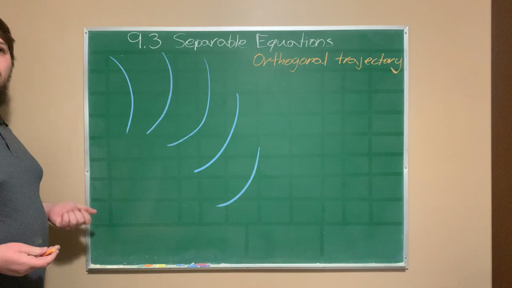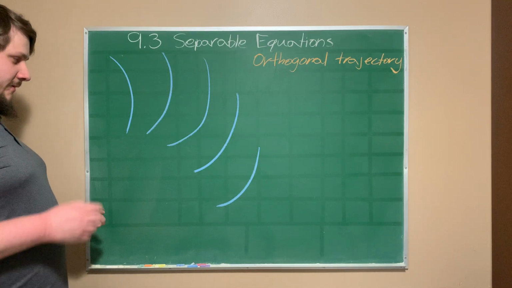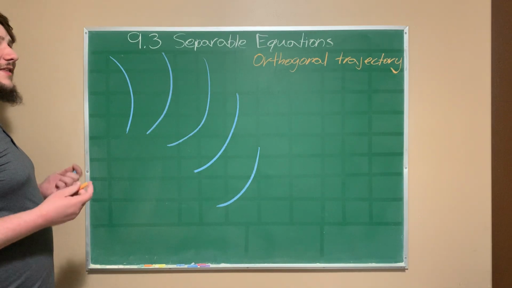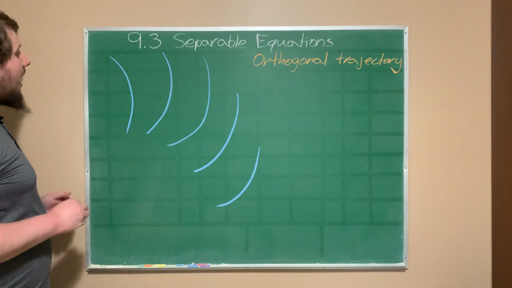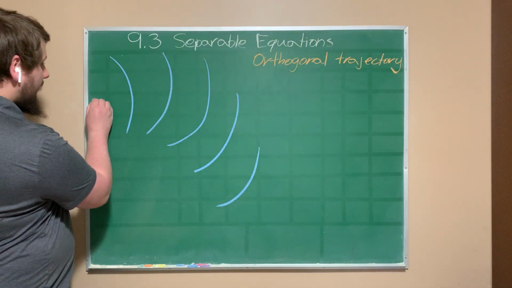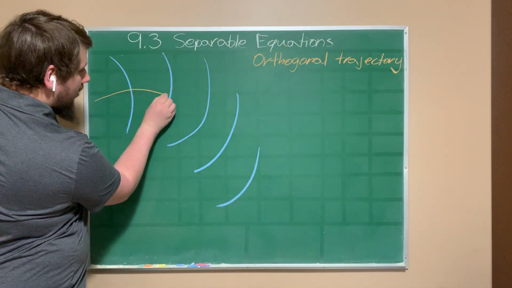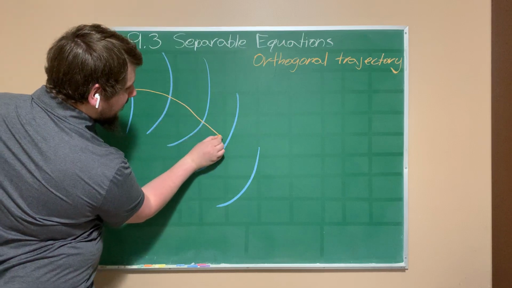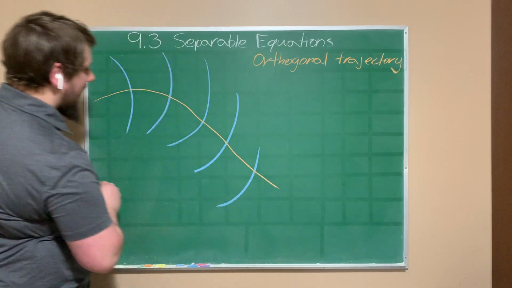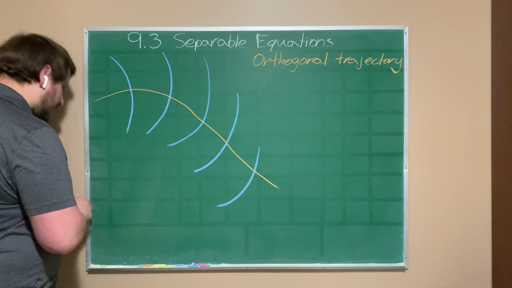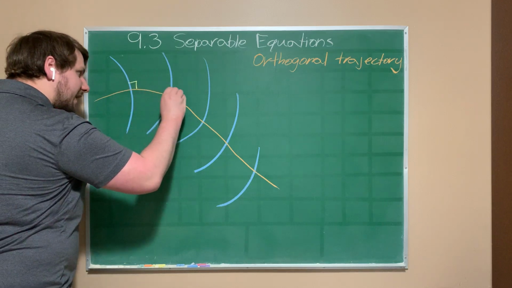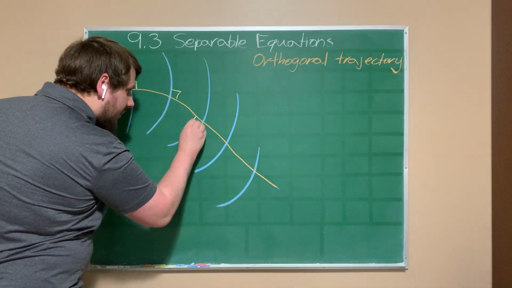And the word orthogonal means intersecting at a right angle. So imagine that there is a curve that passes through here, so that every time it passes through one of these guys, it does so at a perfect right angle, a perfect 90-degree angle here.